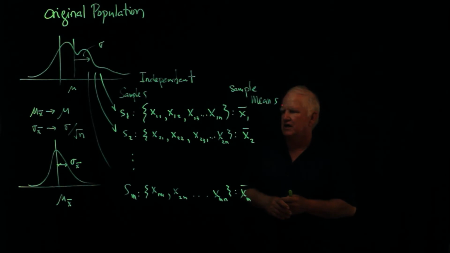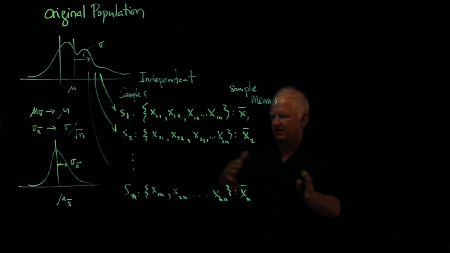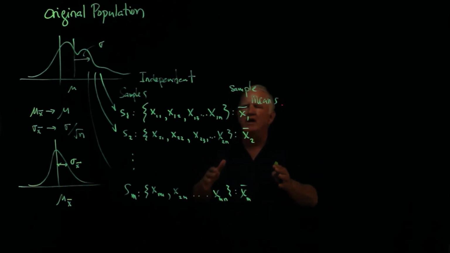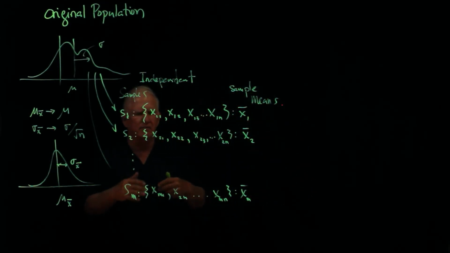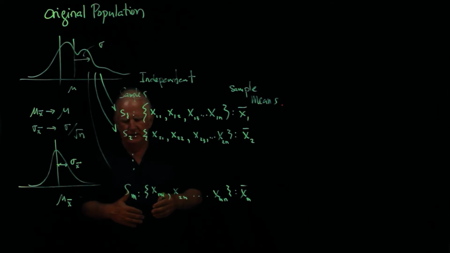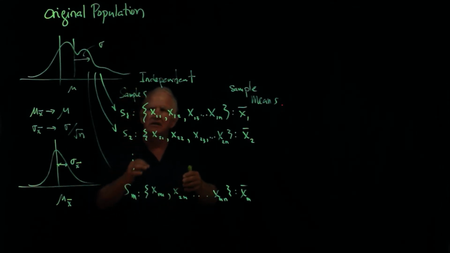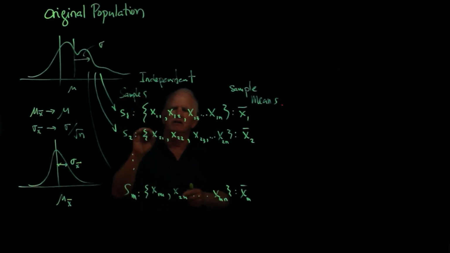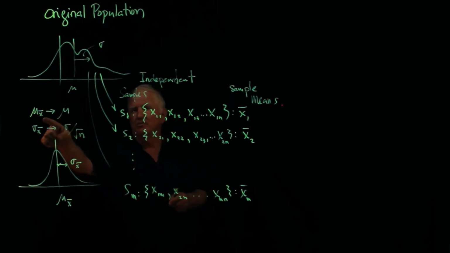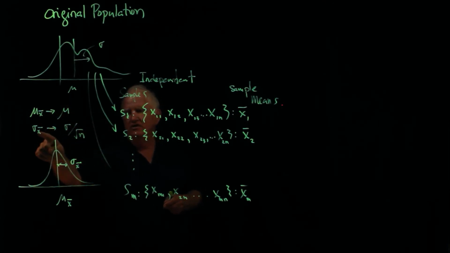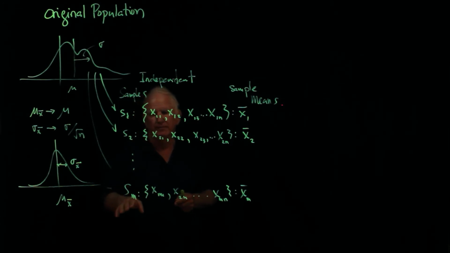statistics class. And then the last thing I wanted to say was, oh, by the way, sometimes the central limit theorem is stated in a much more definitive manner. It says that if you take all of the samples of size n, take all of them, then mu sub x will be equal to mu, sigma sub x bar will be equal to sigma divided by square root of n.